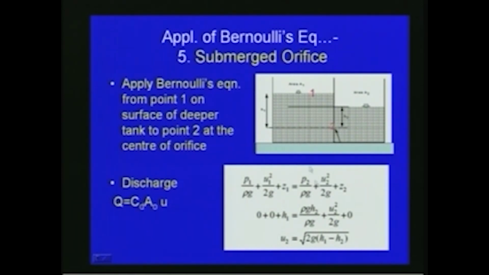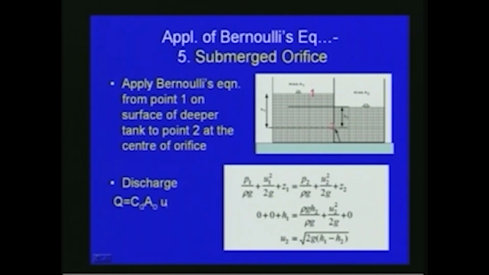P2 by rho g we can write as rho g H2 by rho g, plus U2 square by 2g, where the velocity is U2. Since the datum is taken, Z2 is equal to 0. Finally we get the velocity of flow U2 is equal to square root of 2g into H1 minus H2, where H1 minus H2 is the level difference between this level and this level.